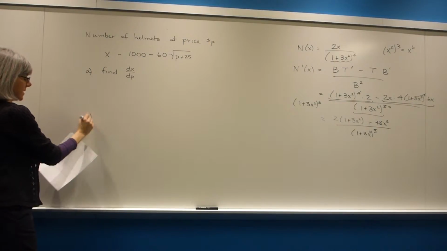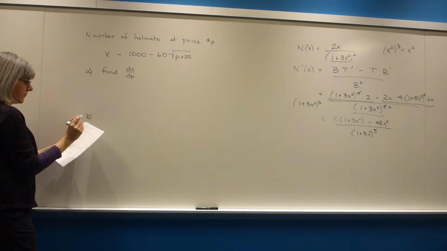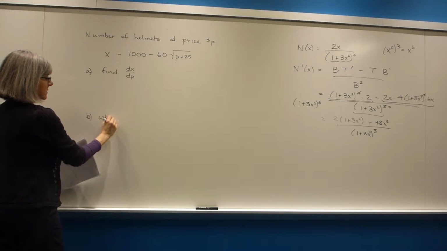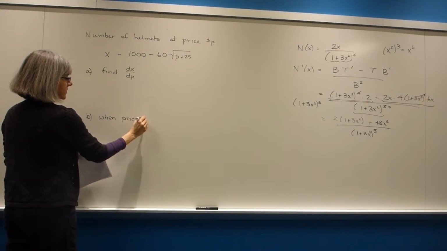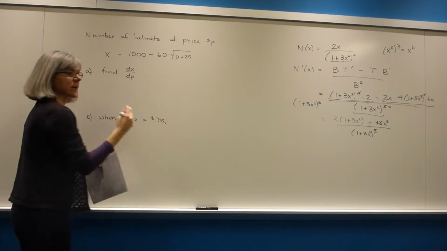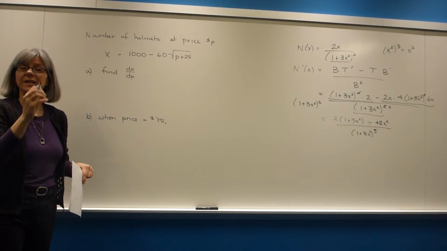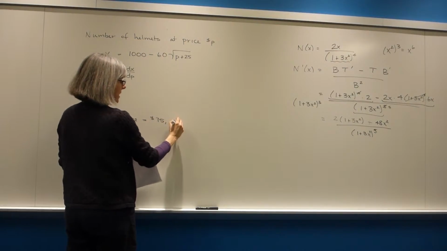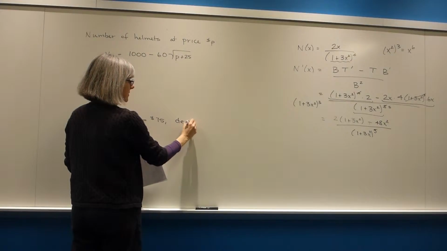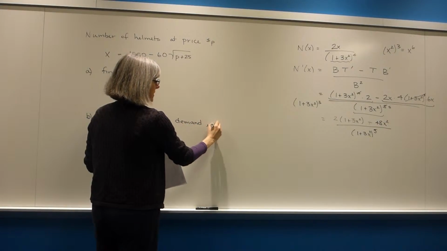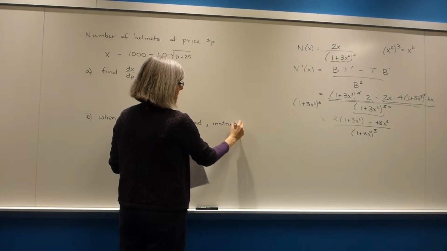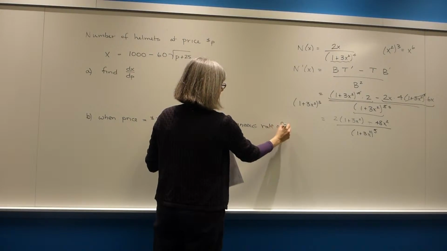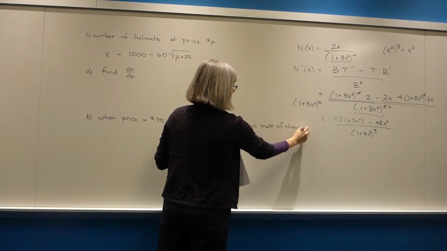And the second thing, B, is to, when the price is $75, find the demand and the instantaneous rate of change of demand, and then interpret them.